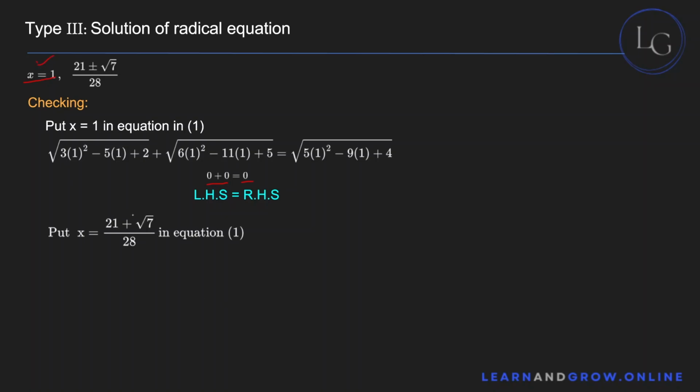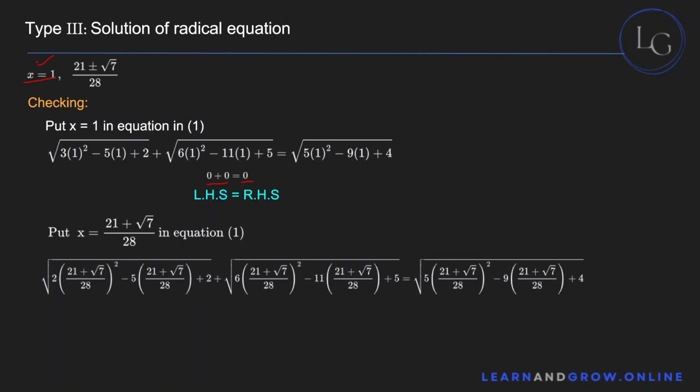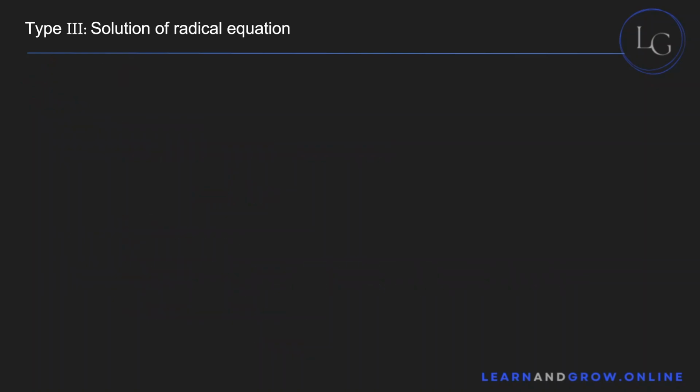Now, the second solution that we found, which is this one here, when you plug it into the same equation given in the question, you can clearly see that the left hand side is not equal to the right hand side. So this is an extraneous root. This is not a solution.